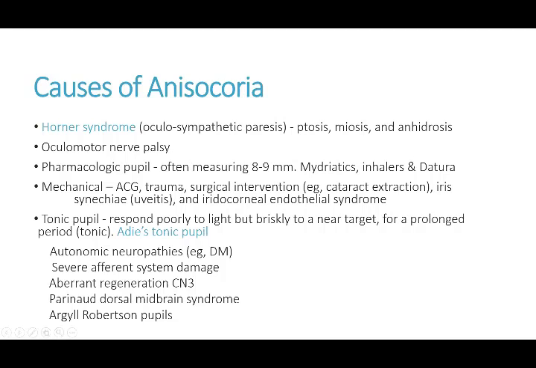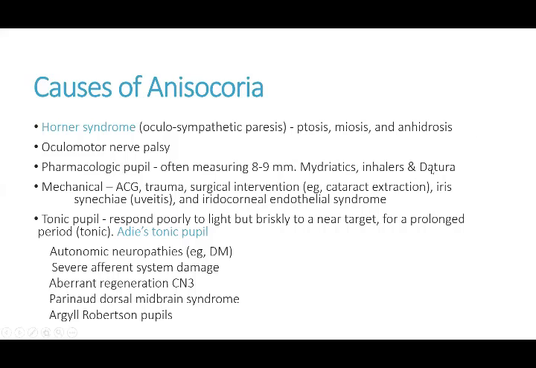Pharmacological, often measuring 8 to 9 millimeters. So the pupil is very large when we instill mydriatics like Midrasil, tropicamide or atropine. Or sometimes in some patients who are sensitive to inhalers, the bronchodilators may also cause slight dilation of the pupil.